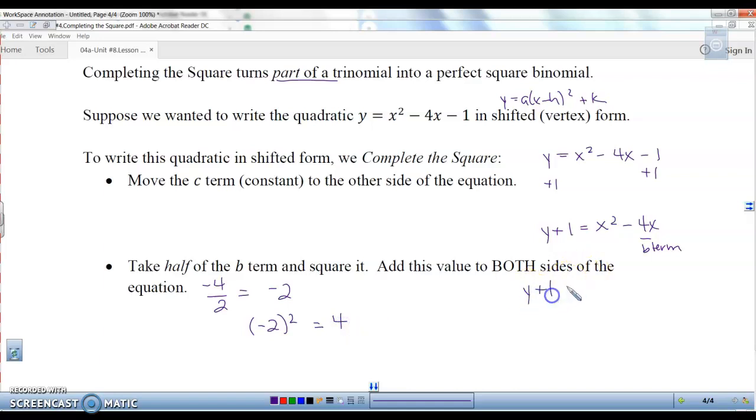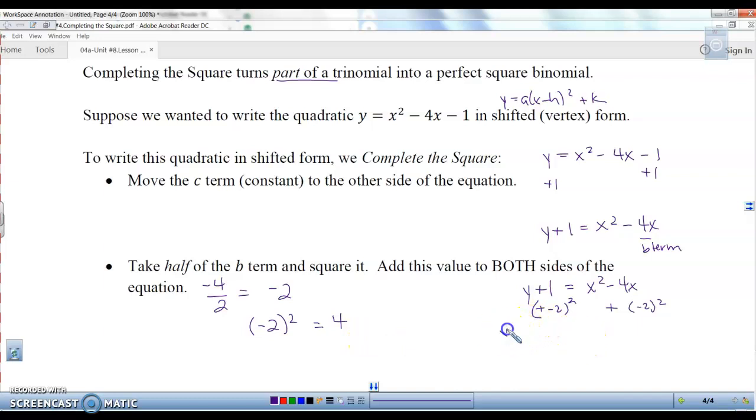Y plus 1 equals x squared minus 4x plus, let me do it down here, plus negative 2 squared. And since we do it on one side, you have to do it on the other. You can't just do it on one half of the equation. Okay, so what is negative 2 squared? We said it was 4.